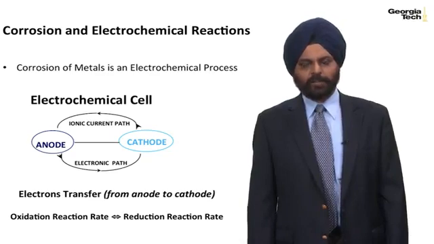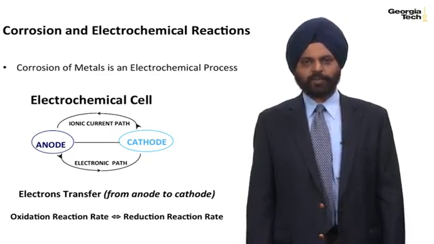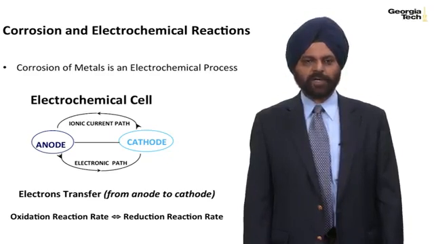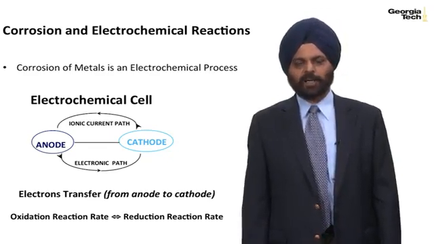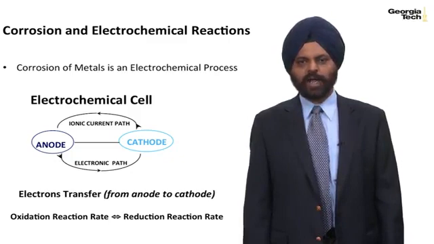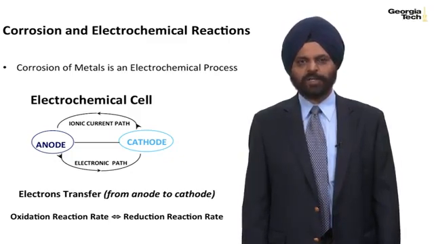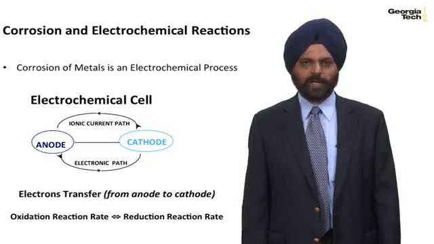So in the process, at the anode, you produce electrons which are transferred to the cathode. But the oxidation reaction rate is equal to the reduction reaction rate, which means that if you want to stop or slow down oxidation, you can slow down reduction as well.